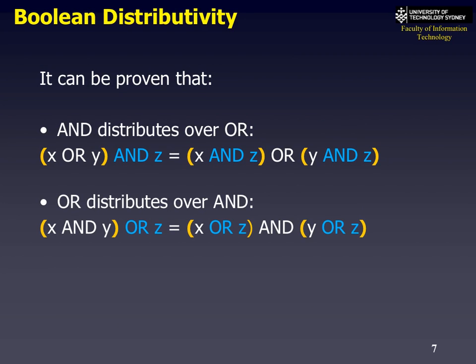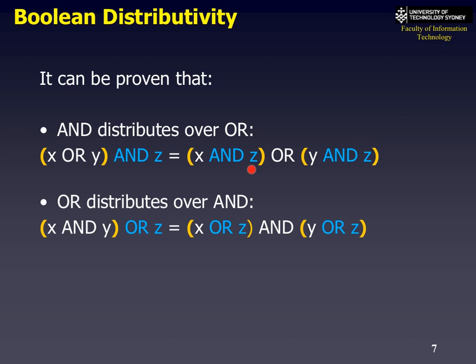The second rule, distribution, simply means and has priority over or. Keep that in mind. So the ands are the most important parts of an and/or Boolean logic equation. So here's an example. If you have (x or y) and z, you effectively convert the expression by adding the and z to both halves of the expression.